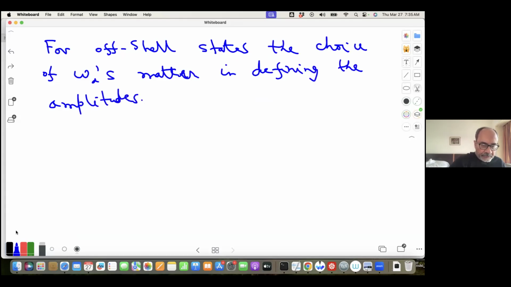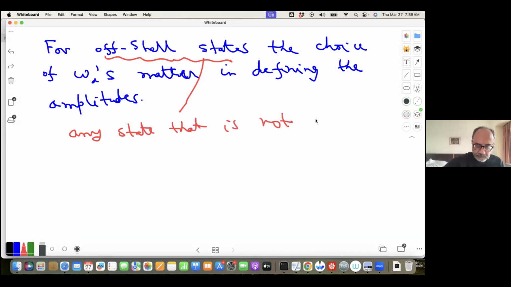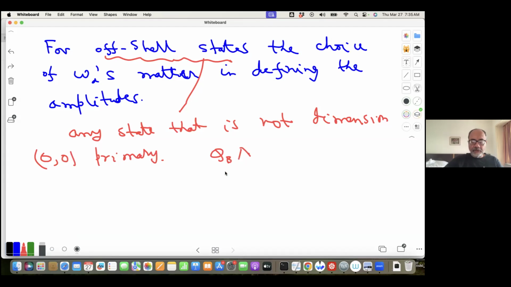Here by off-shell, I mean any state that is not a dimension 0,0 primary. Something like QB lambda, which is manifestly on shell, is of course a trivial state. But to show that it's a trivial state, we first have to know how to define its amplitude.